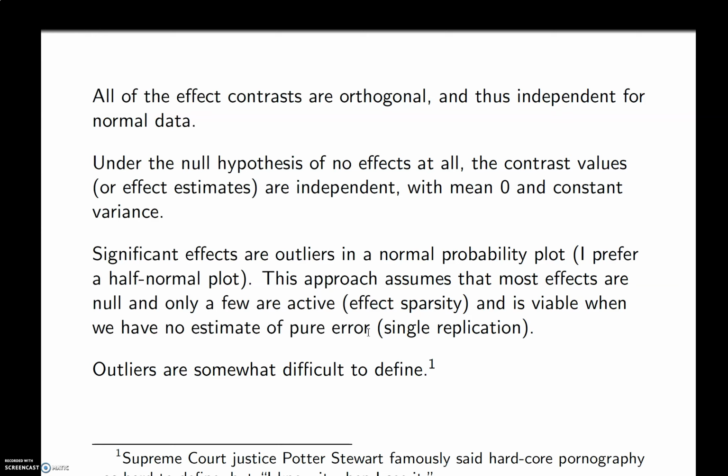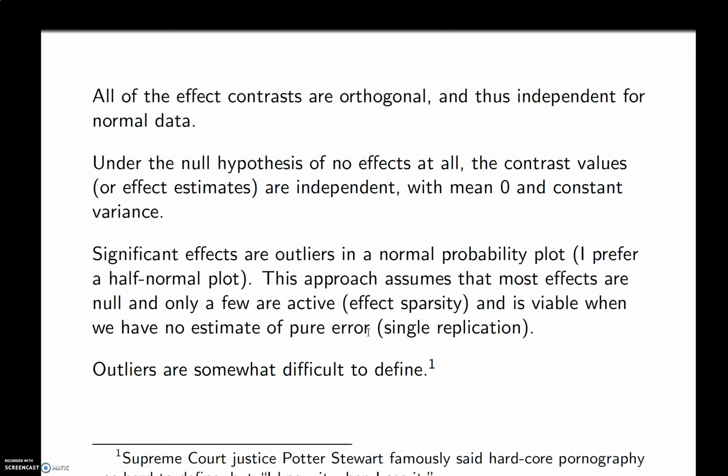They operate independently consequently because they have non-overlapping information, hence are independent sets of contrasts. So the result that you get for one contrast that's orthogonal to another will not depend in any way on the result from others. Under our null hypothesis of no effect, those effect estimates are going to be independent.